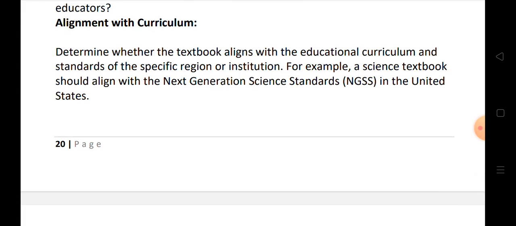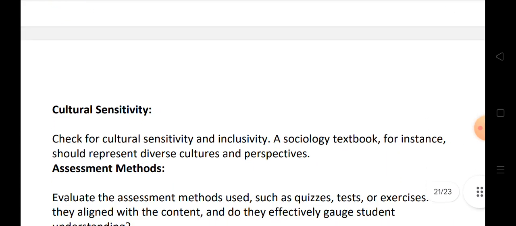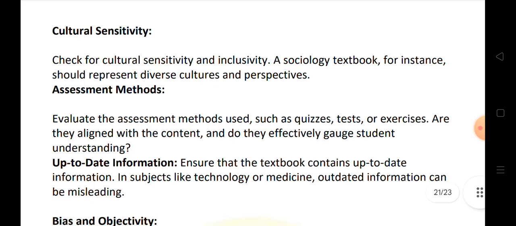Alignment with curriculum. Now also, when we check the content of the textbook, we should see whether it is aligning with the syllabus, whether it is aligning with the curriculum of the school. Those things also need to be checked. Cultural sensitivity.